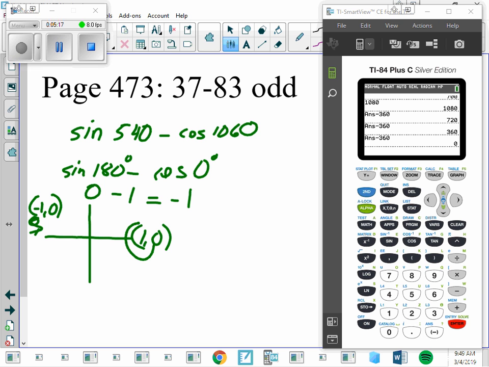So the answer is negative 1. We'll do a radian one in just a second.